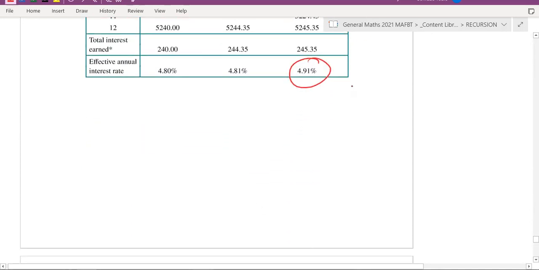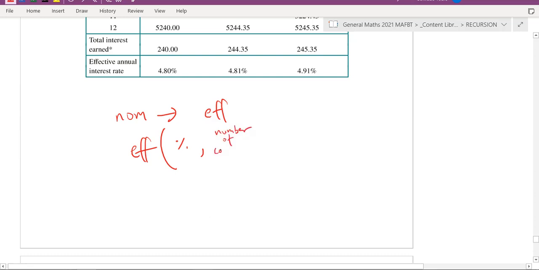So I might draw a little diagram here. To go from nominal to effective, you're going to type EFF, and then you're going to write down the percentage rate, comma, and then number of compounds. That's number of compounds per year. So that's to go from nominal to effective.